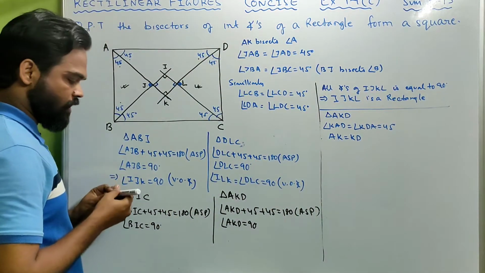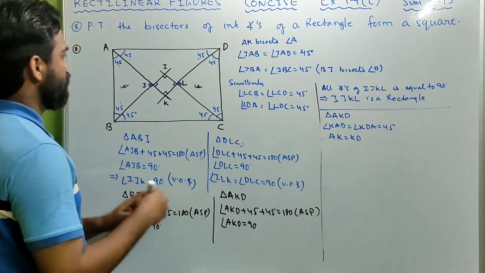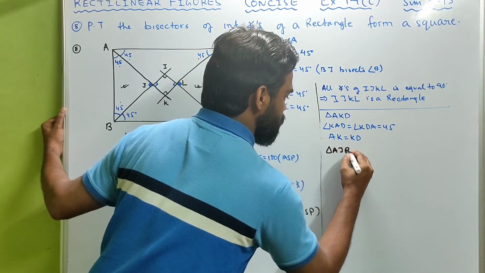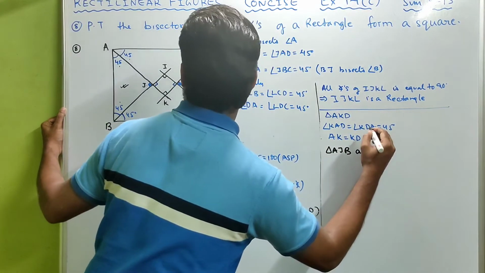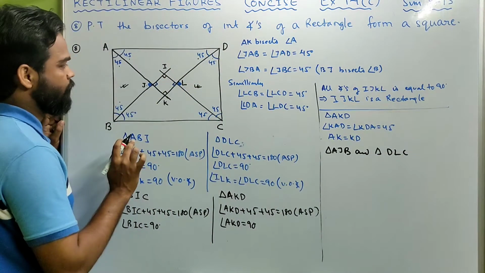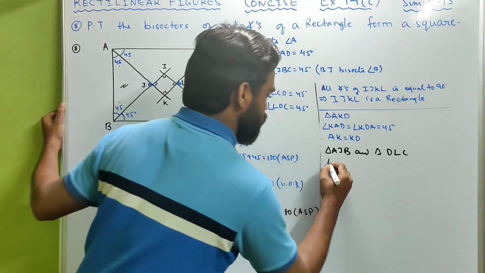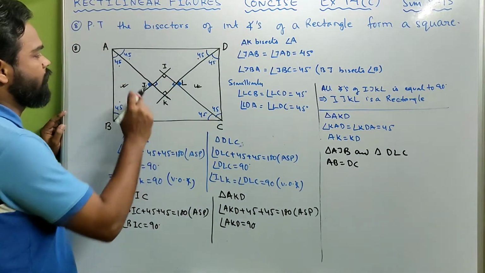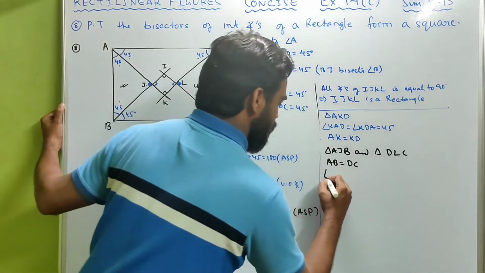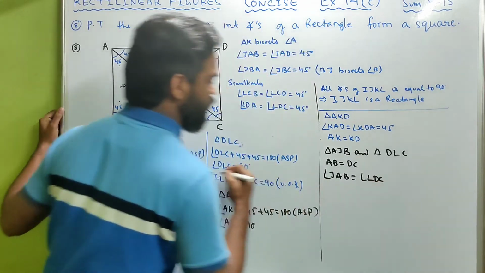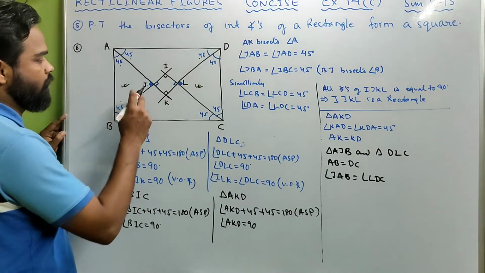Now, look at triangle AJB and triangle DLC. We'll try to prove them congruent. Look carefully. AB equals DC. We know this. AB equals DC, opposite sides of a rectangle. Angle JAB is equal to angle LDC, 45 degree each, marked.